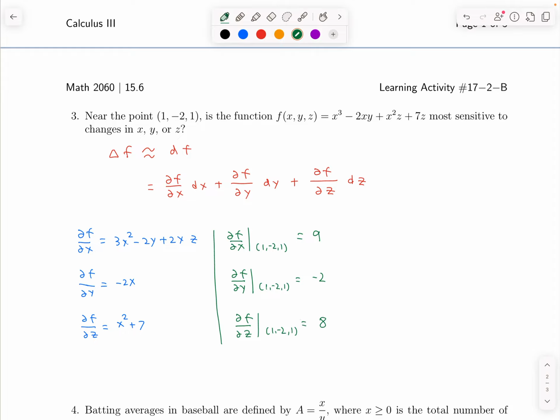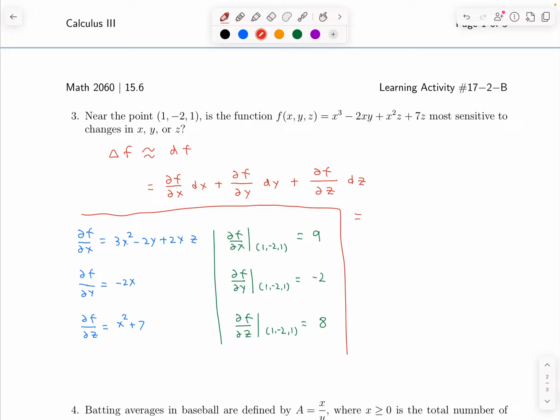So your total differential right here, I want to keep my work neat, so that's why I draw some lines to separate the blue and green work apart from my red work.